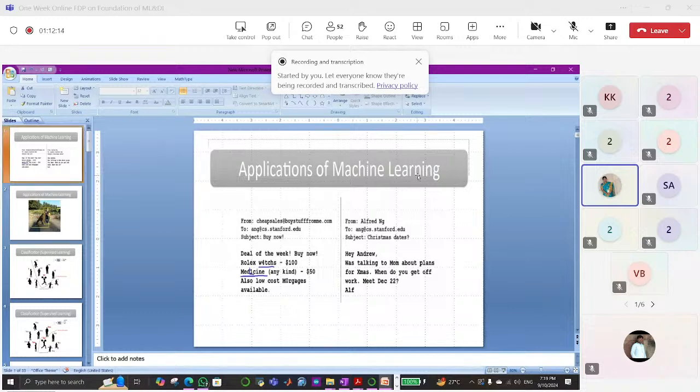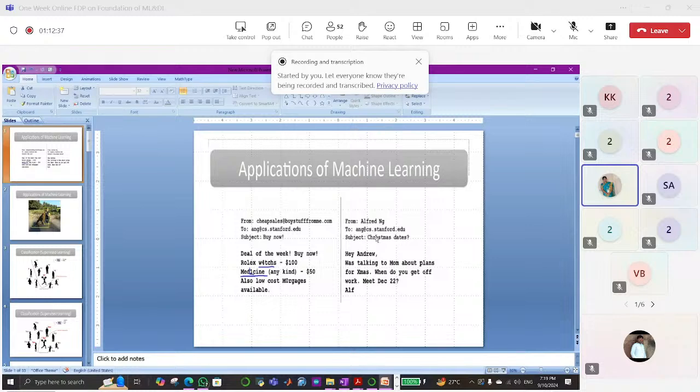So applications of machine learning. This is the first application. Suppose you got a message like this in our mail from so and so mail ID: deal of the week, buy now. If you got a message like this, consider it as a spam mail or inbox mail, so think and tell me.